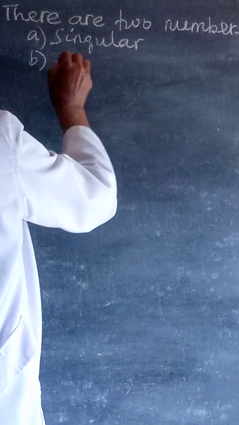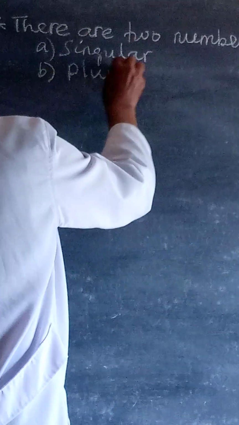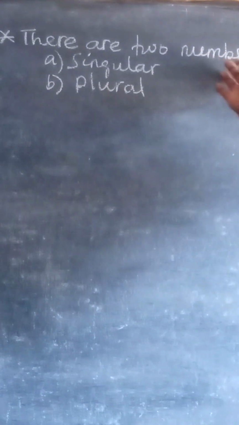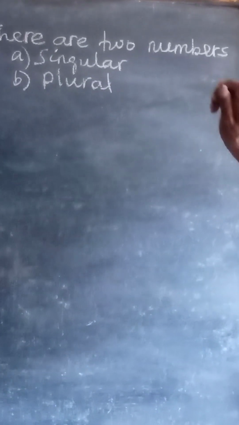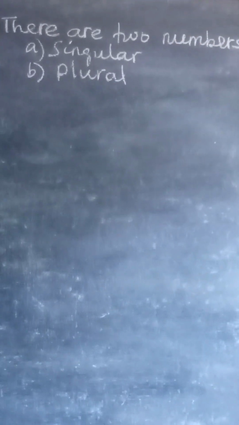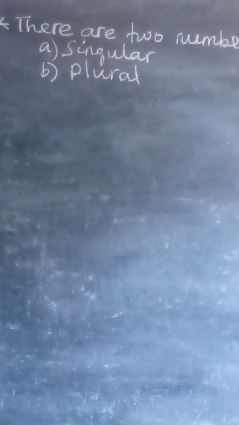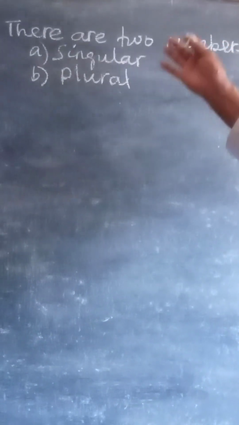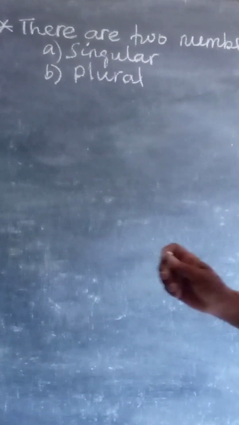And the other one is plural. Then the singularity or the plurality of the nouns is mentioned as numbers. So these are categorized into two, the singular and the plural. We can say the singular subject, the plural subject, the singular noun, the plural noun, therefore they are numbers.